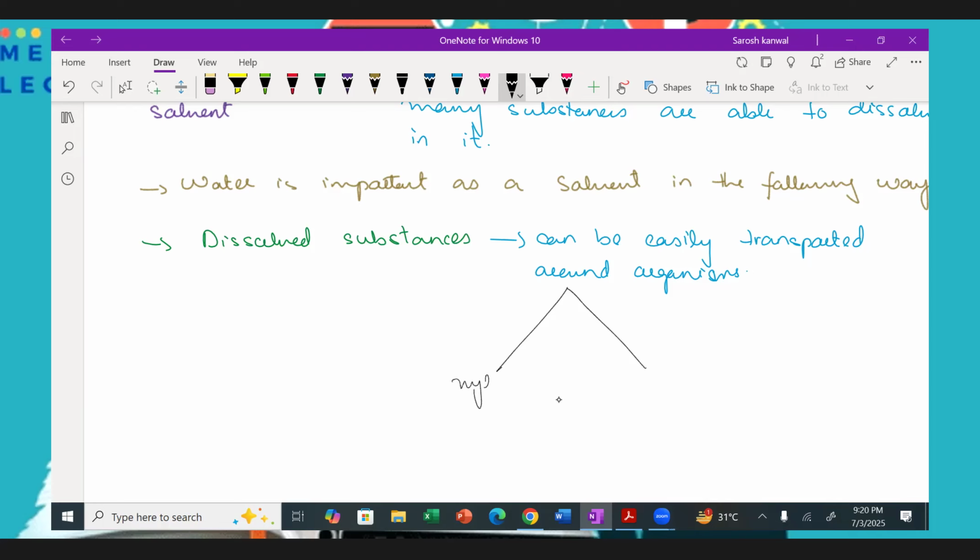We can take an example of xylem and phloem in case of plants, and in case of animals or humans, we can take an example of dissolved food molecules in the blood, right?